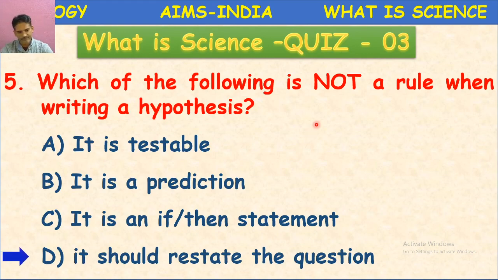Okay, that is D. It should restate the question. It is not there in writing a hypothesis. Our hypothesis should not restate the question. Next.